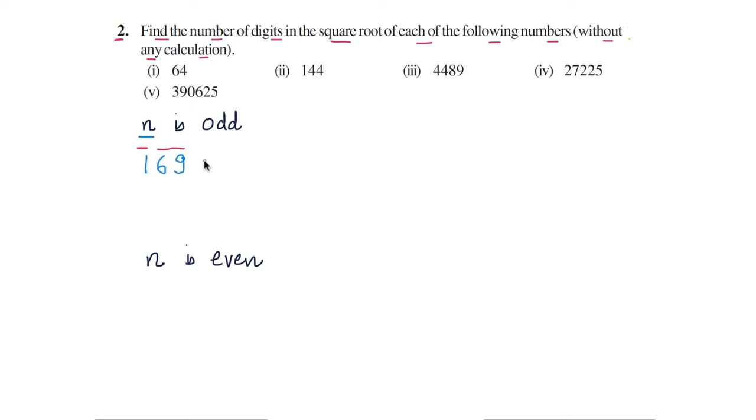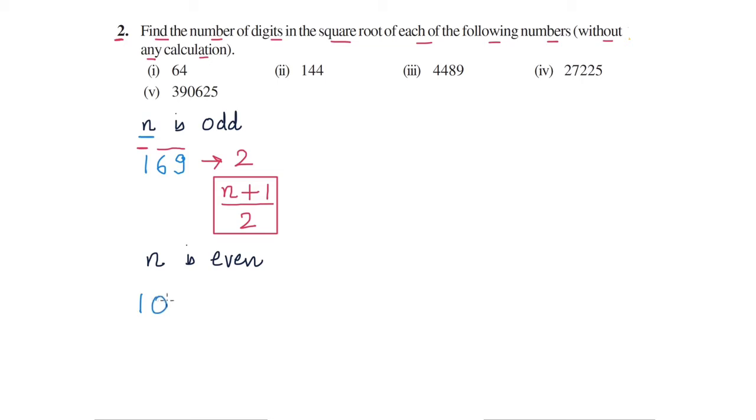Because we got two bars, the number of digits in the square root will be 2. Another way to express the same fact is that if n is odd, the formula is (n plus 1) over 2, where n is the number of digits. Like 169 has 3 digits, so 3 plus 1 is 4, over 2, that is 2 only.